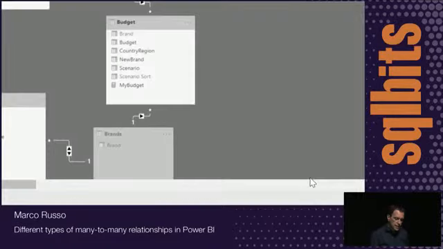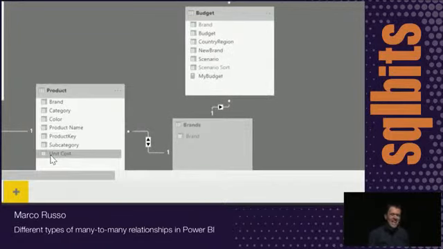And if I do this, from a very high level point of view, I'm generating a physical relationship between product and budget in a single direction, because product filters budget, but budget doesn't filter product. Ignore for a moment the brands table.